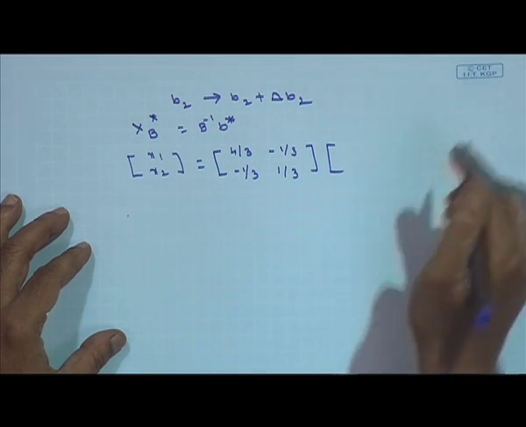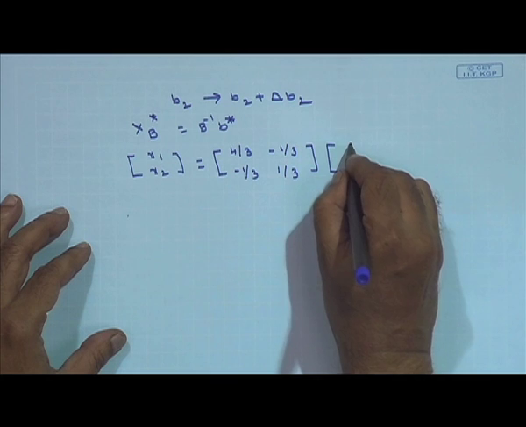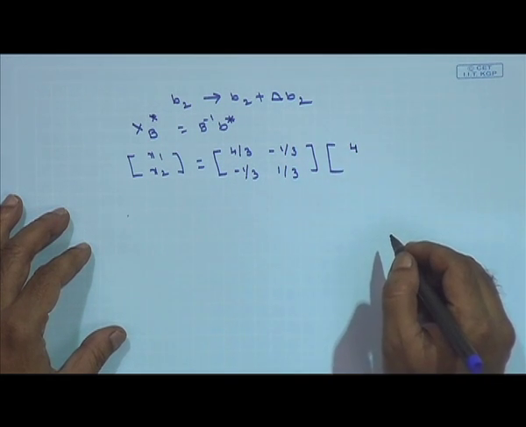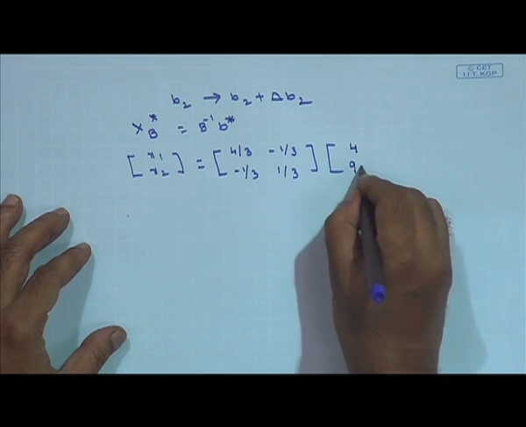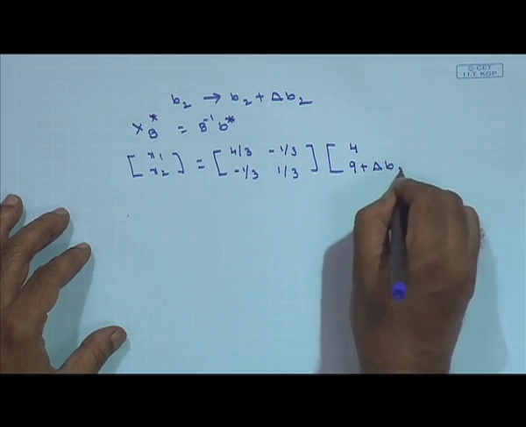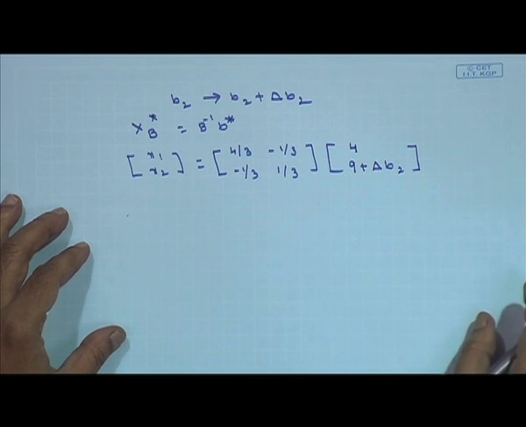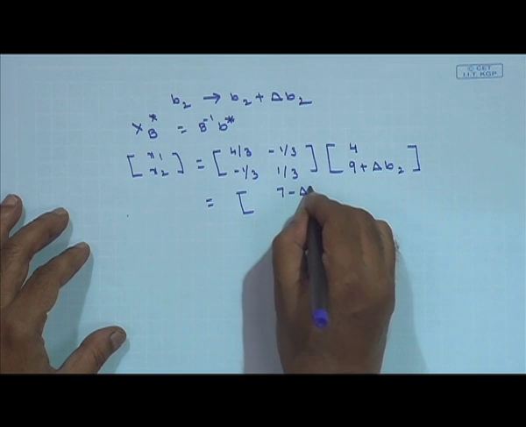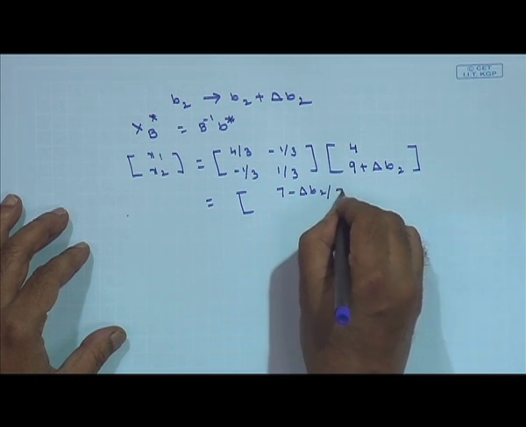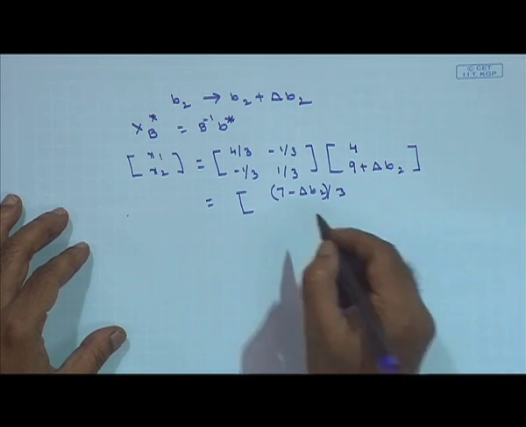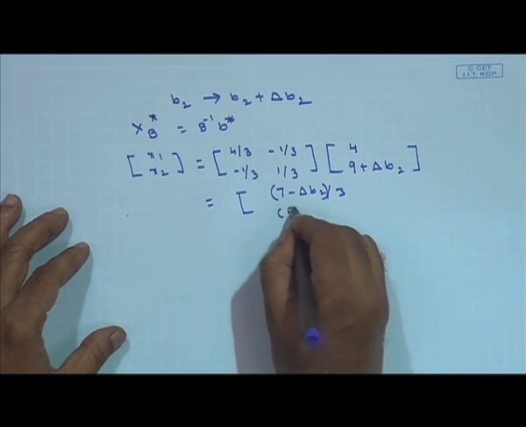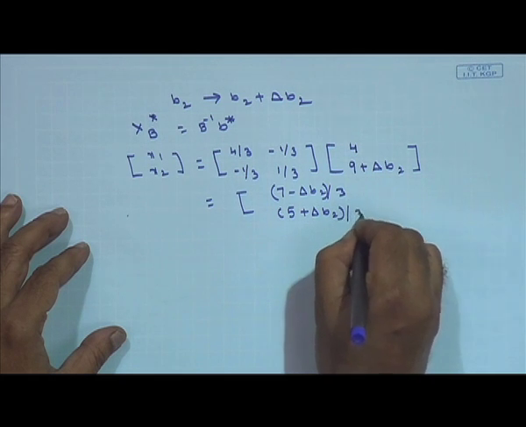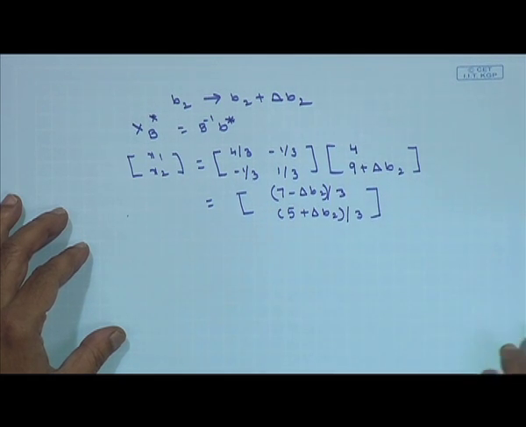Here, for the earlier case, the original value of resource 1 is 4, whereas the original value of resource 2 is 9, and there is an increment of delta B2. So, this value will be equal to 7 minus delta B2 divided by 3, and the next one will be 5 plus delta B2 divided by 3.